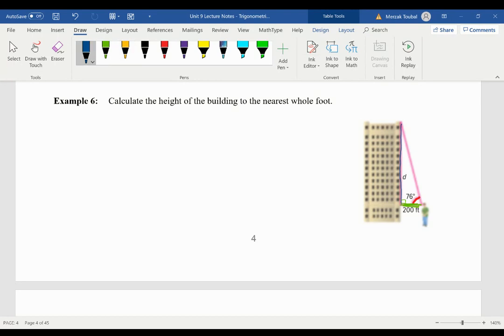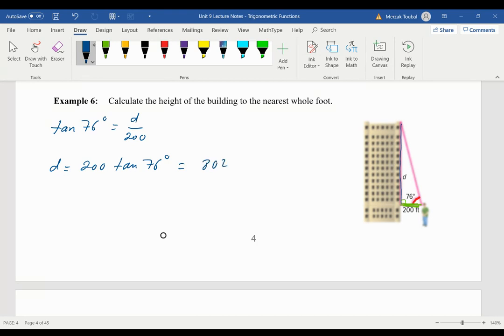We know that tangent of 76 degrees is the opposite, which is D, divided by adjacent, which is 200. So D equals 200 times tangent 76 degrees, and this equals 802 feet. This is rounded to the nearest foot.